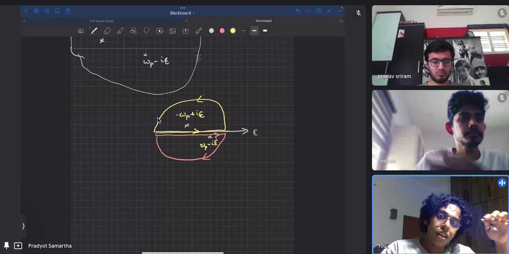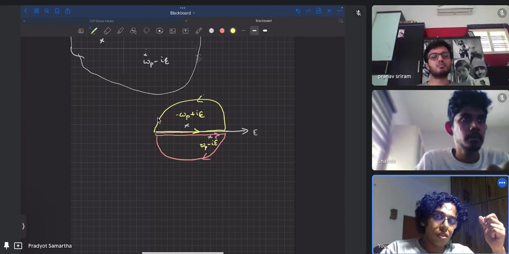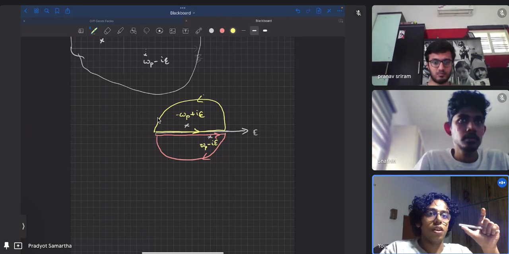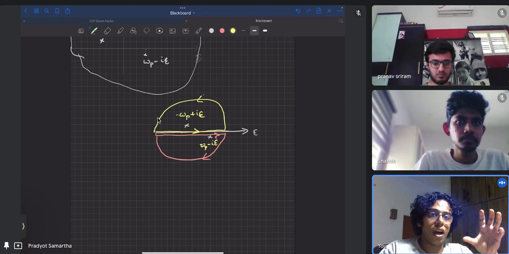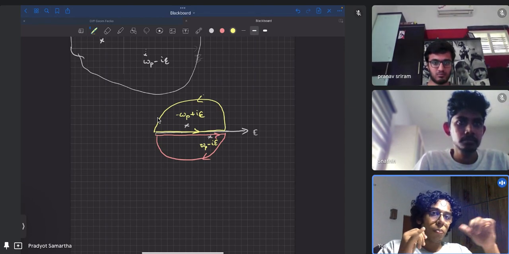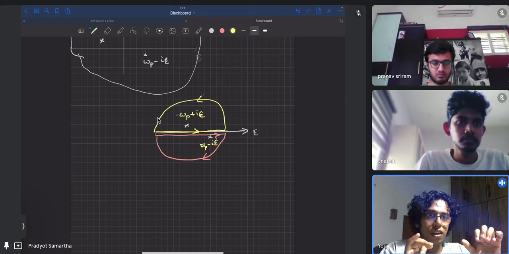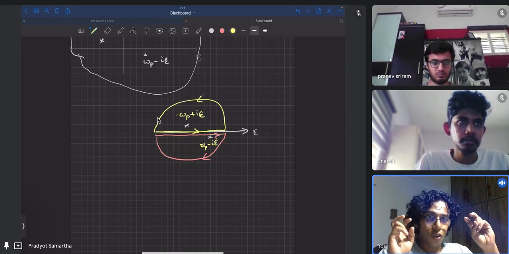The idea here becomes: if you have a particle, you can have only positive energy, whether it's a particle or an antiparticle or whatever it is, you just have a definite positive energy. You cannot have something called negative energy.